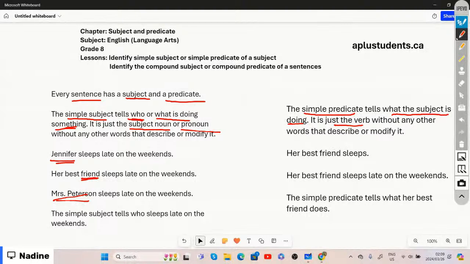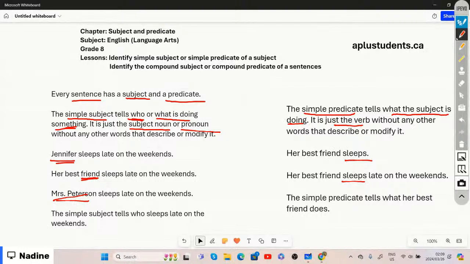For example, her best friend sleeps late on the weekends. Our simple predicate tells us what her best friend does, so our predicate is just sleeps.